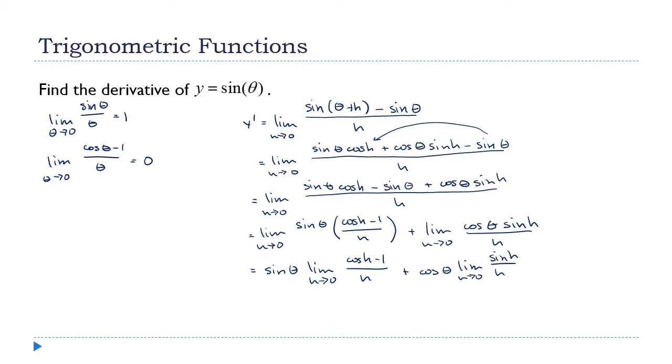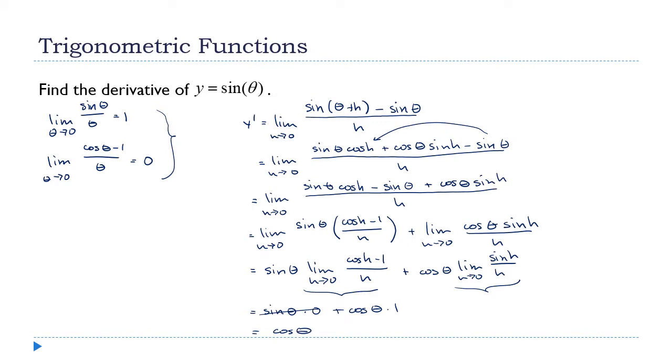Now I'm going to use my two identities over here. This limit is 0, so that's sine theta times 0 plus cosine theta, and this limit is 1. And there's my answer, right? This goes away, and I'm left with cosine of theta.